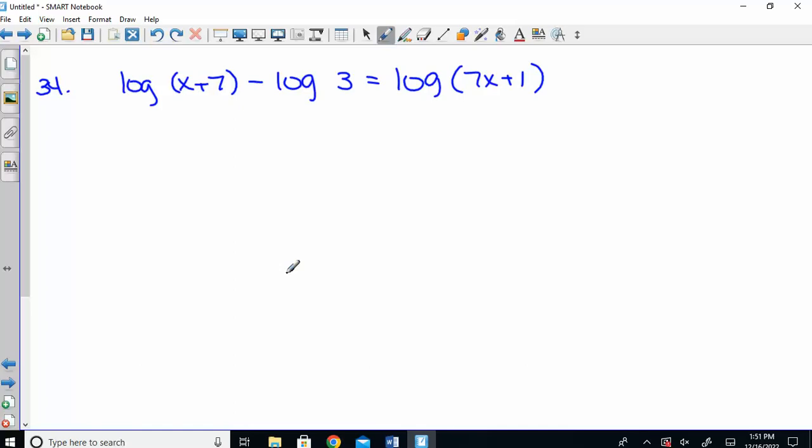What did you do on those problems? Change it to exponential, and the log would go away. Okay, here, let's combine. If two logs are subtracted, how do you put them together? So this would be the log of x plus 7 over 3.